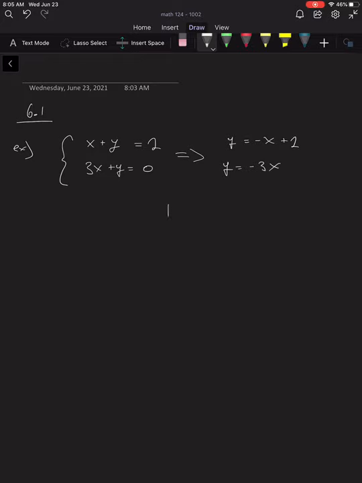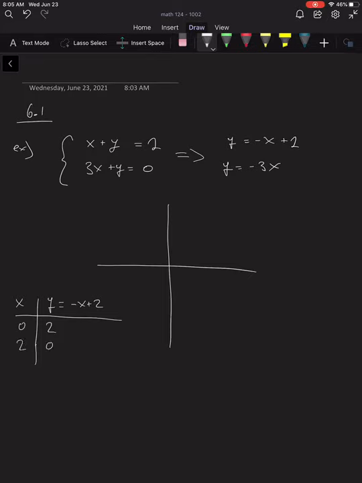So graphing y equals minus x plus 2. To graph a line, we only need 2 points. Let's make a little xy table, x and then y, for the top line, minus x plus 2. If we plug in x as 0, we get 2. If we plug in 2, we get 0.